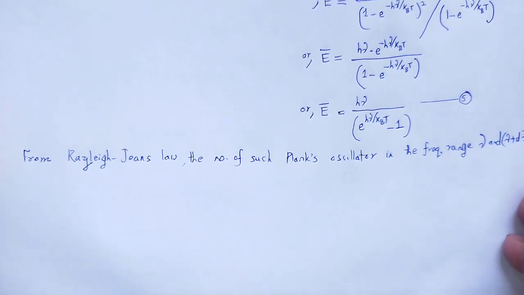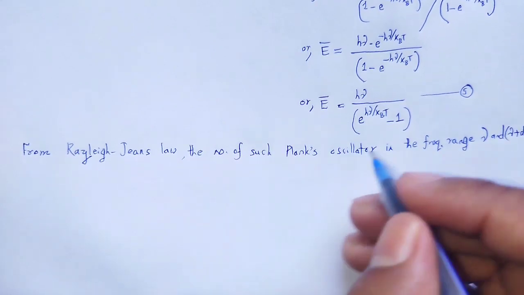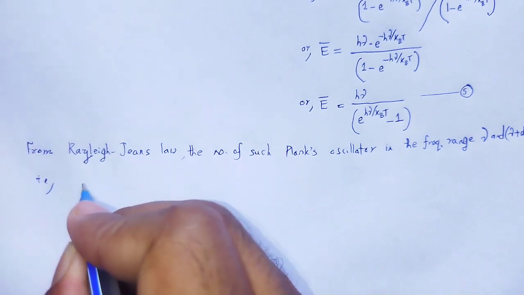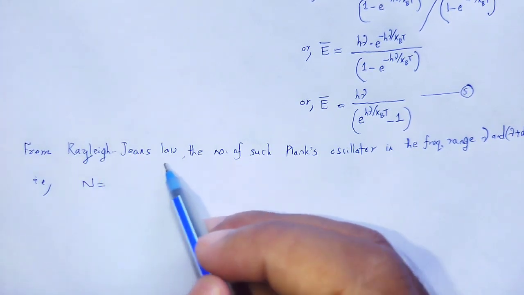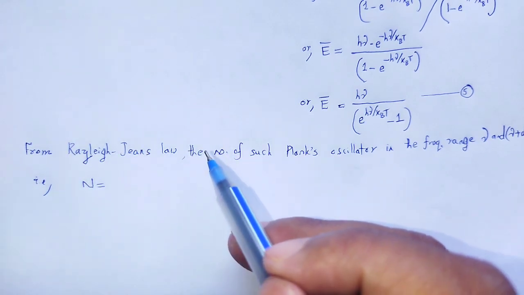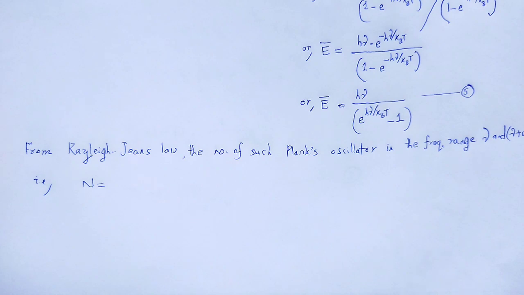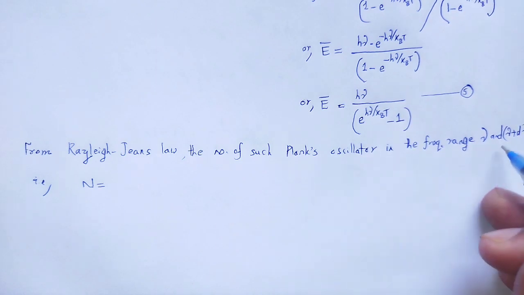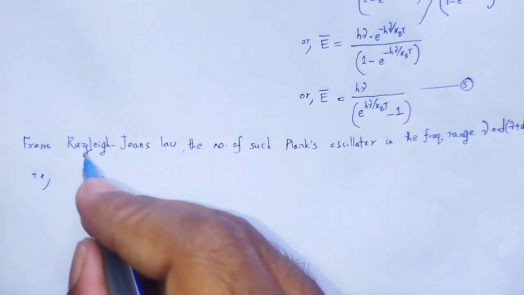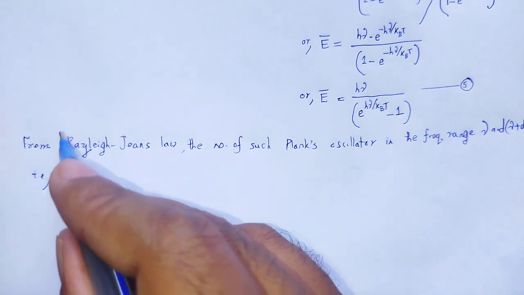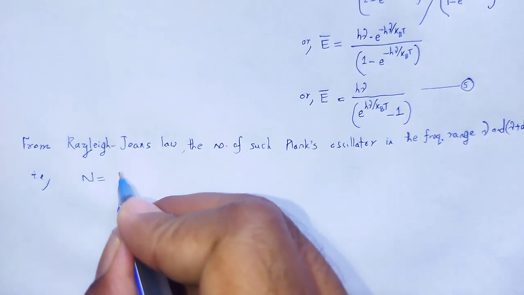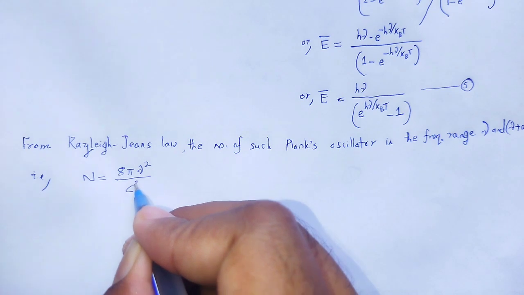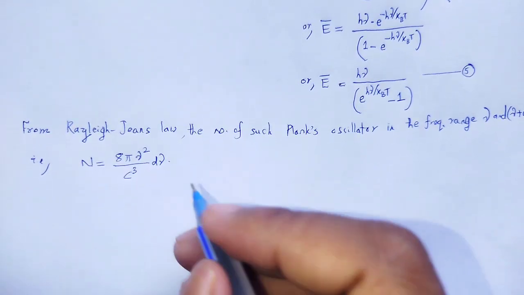In that frequency range, what will be the number of such Planck's oscillators? That is n. As we calculated in the case of Rayleigh-Jeans law, the number of modes of vibration, means the number of allowed frequencies. Here we calculate the number of such Planck's oscillators in that given frequency range. We already derived that expression in the case of Rayleigh-Jeans law, that is 8 pi nu square divided by c cube d nu.